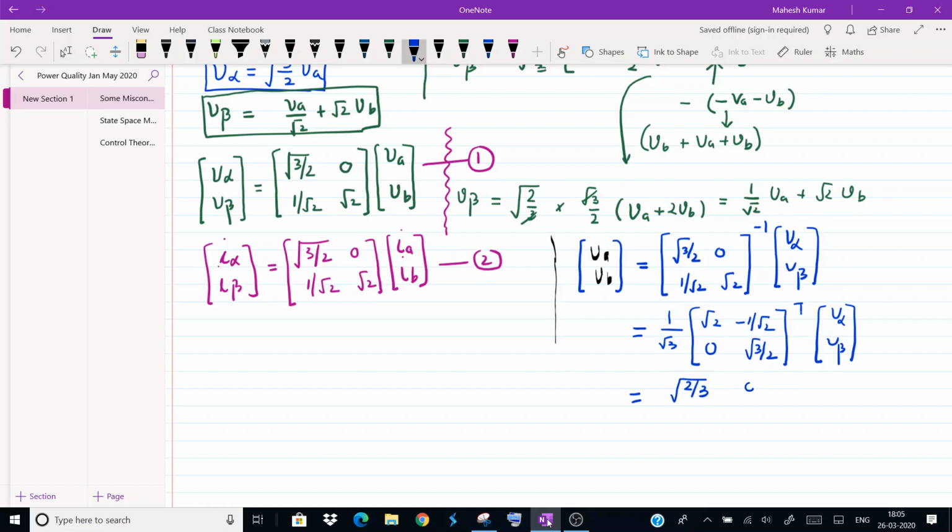This is 0. This is minus 1 by root 6. And this is 1 by root 2. This is B alpha and this is B beta. This is BA and BB.